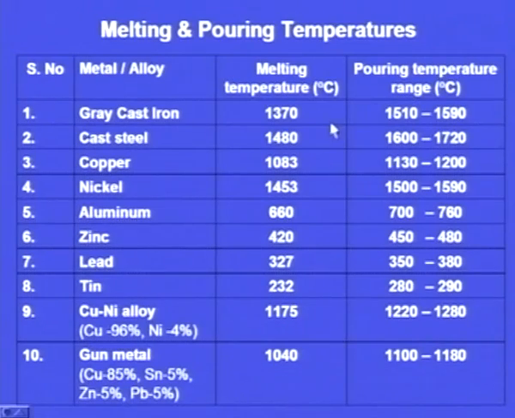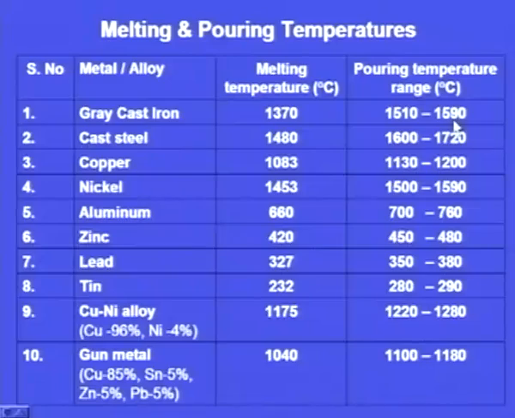So for grey cast iron, the typical melting temperature is 1370 degrees centigrade, whereas the pouring temperature varies between 1510 and 1590 degrees centigrade.